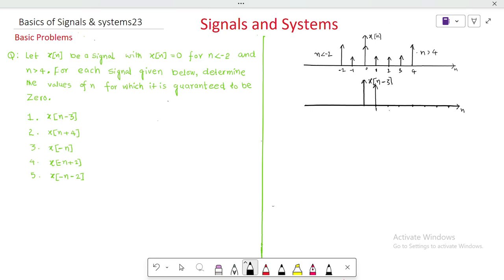This is 1, 2, 3, 4, 5, 6, 7, and so on. The value at 0 appears at 3.